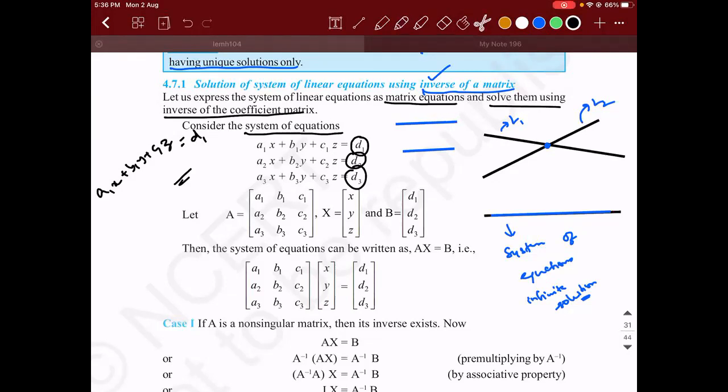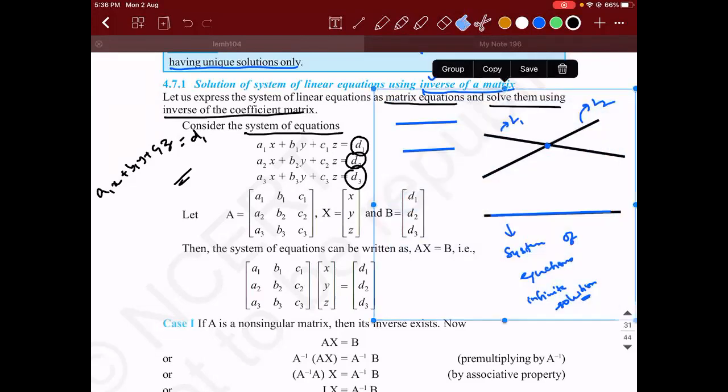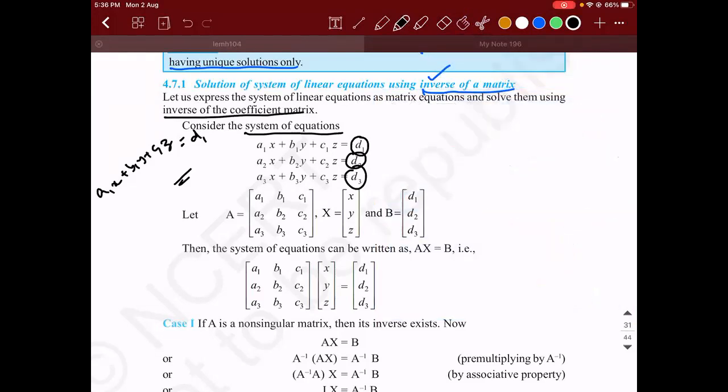Okay. So, having the important point that the constants are on the right hand side, we will call the matrix A as A1, B1, C1, A2, B2, C2, and A3, B3, C3, where these represent the coefficients of the variables on the left hand side.